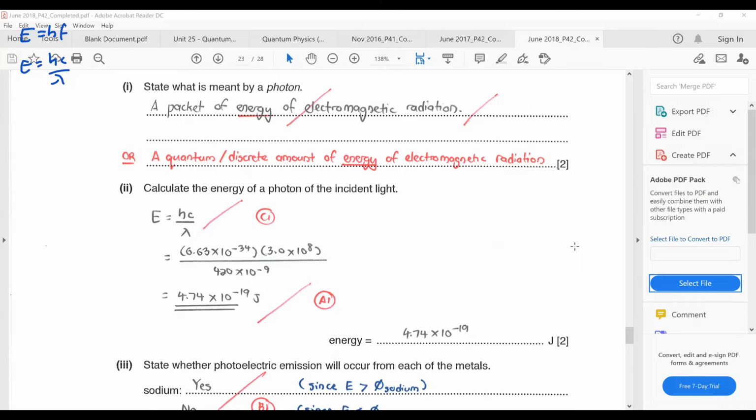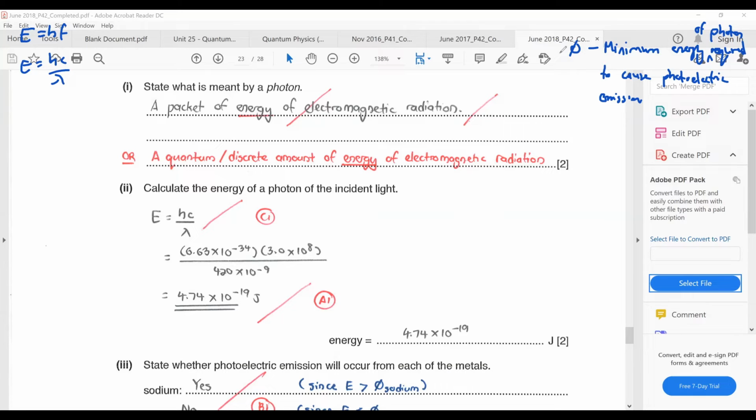Okay. Then after that, you get this one: the work function energy is the minimum energy of photon required to cause photoelectric emission.